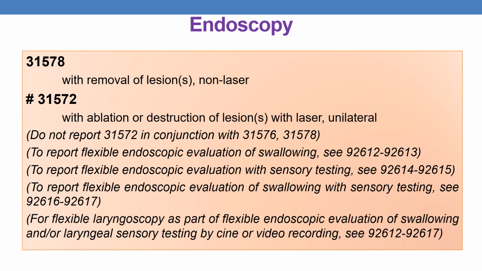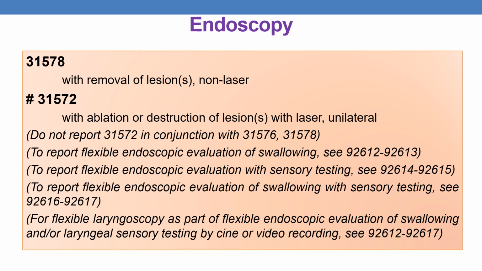The next is 31578. Laryngoscopy flexible with removal of lesion or lesions non-laser. The next is 31572. Laryngoscopy flexible with ablation or destruction of lesion or lesions with laser unilateral. And do not report 31572 in conjunction with 31576 and 31578.